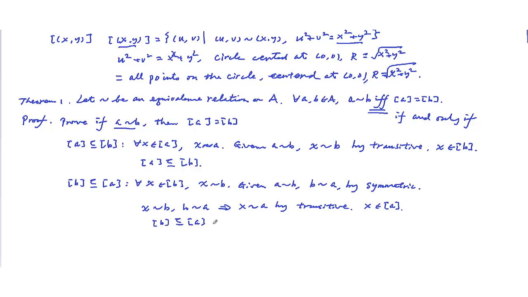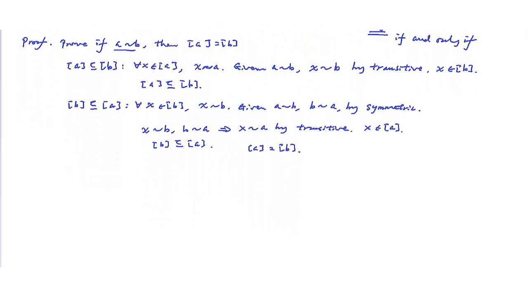So class a is a subset of class b, and class b is a subset of class a together. That means class a equals class b. And this is the way we prove two sets are equal. Then we also need to prove the other way for if and only if. If class a equals class b, then a is related to b.